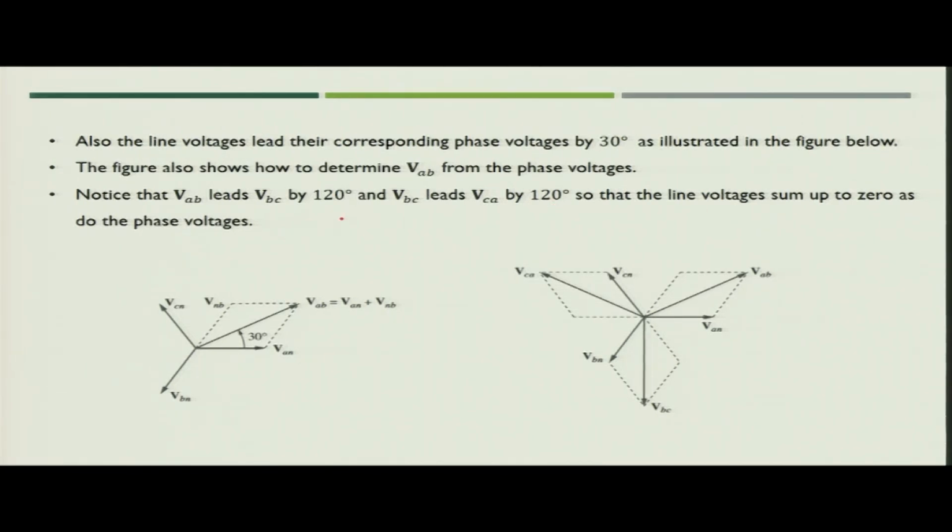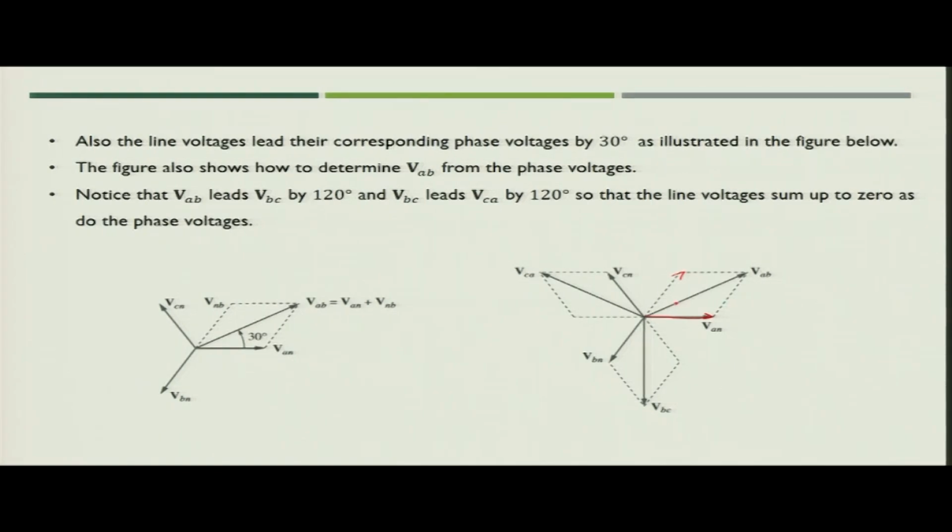So, how can we present this in the phasor format? For V_AB, V_AN is the reference voltage phasor, and V_BN you can take negative of that. So, minus V_BN will be in this direction, and when you sum up these two phasors you will get V_AB.